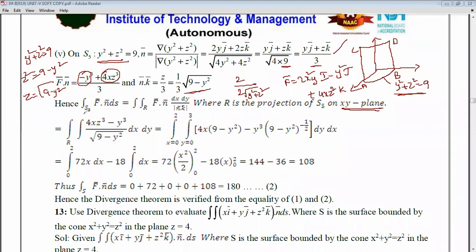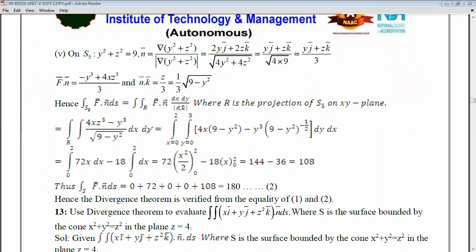So here f bar dot n bar is nothing but (4xz³ minus y³) divided by 3, and n bar dot k bar is nothing but how much we got, this one, right? But the 3 is there, this 3 and this 3 both will cancel. So after cancellation, we have the square root of 9 minus y² in dx dy. So here 4x into z, we are converting into this.